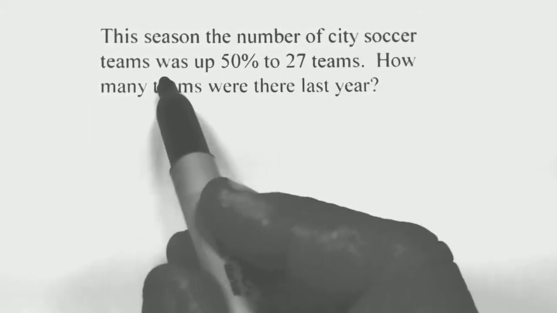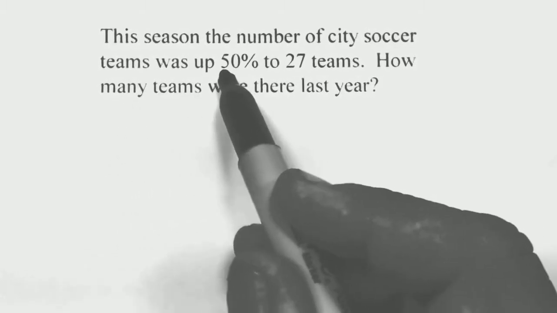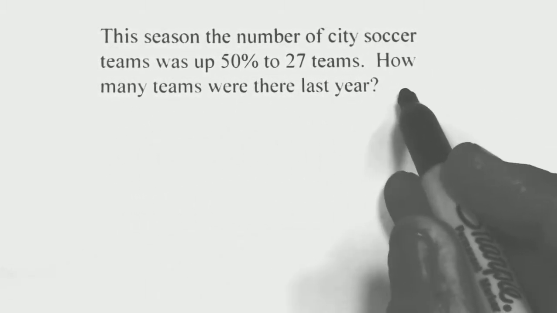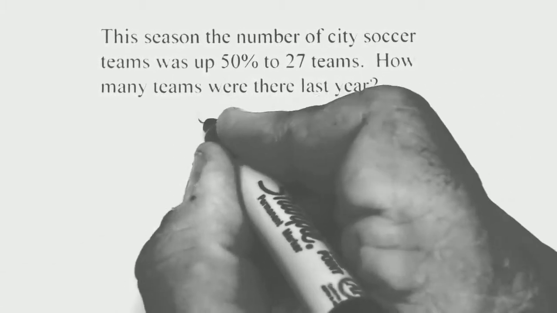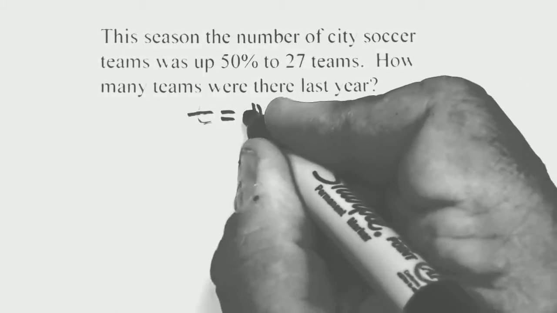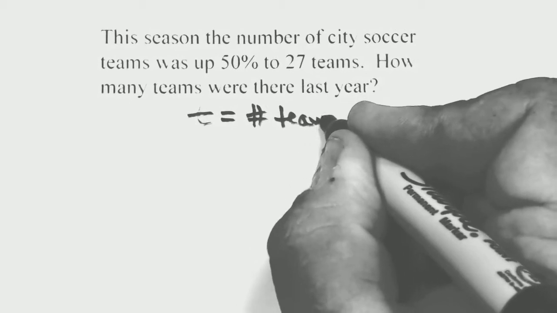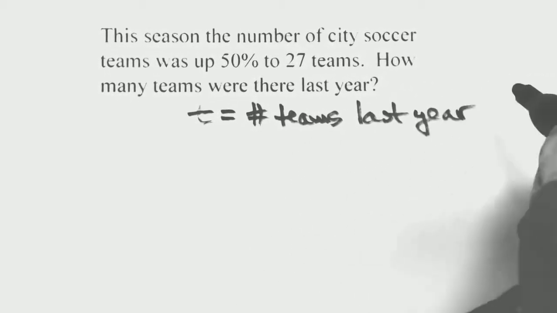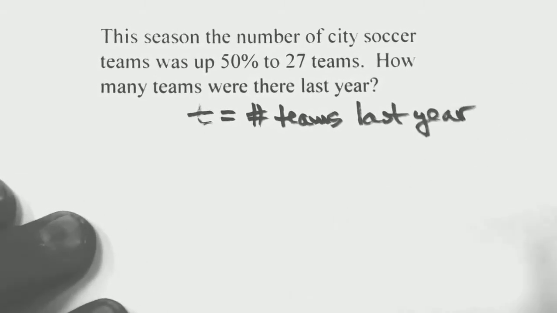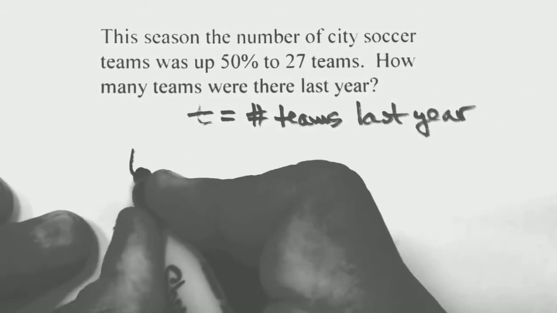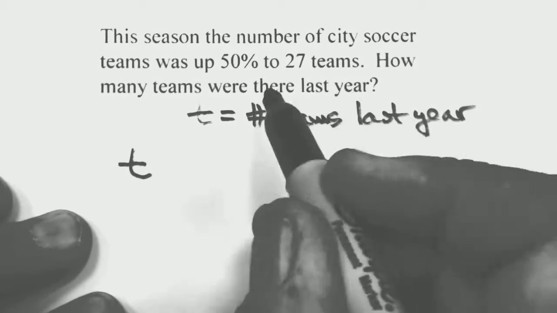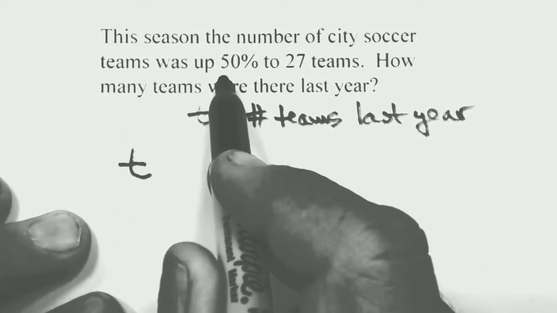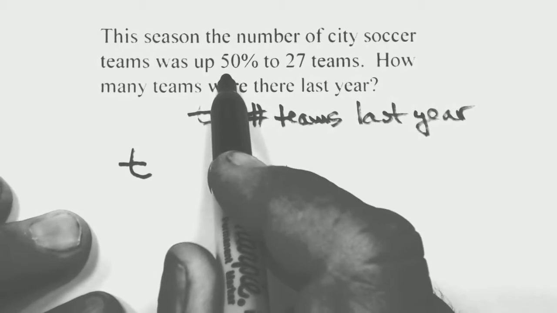This season, the number of city soccer teams was up 50% to 27 teams. How many teams were there last year? All right, let's say T equals the number of teams, okay, last year. Okay, well, here's what happens. We start with the T teams that we had last year, but now, this season, the number of city soccer teams was up 50%, so it's increased.